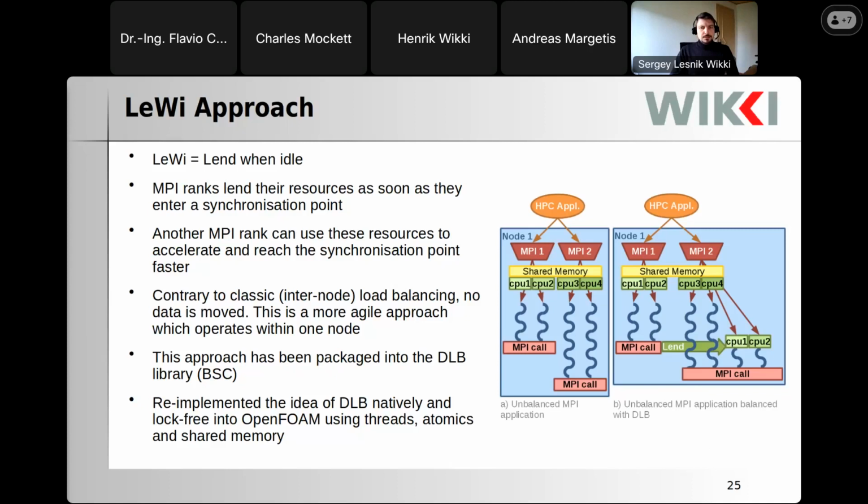Apparently, well, not apparently, this has been packaged by BSC into the DLB library, and we had some issues. So we re-implemented DLB natively into OpenFOAM using a bunch of threads, atomics, and global shared memory to communicate between the MPI ranks.